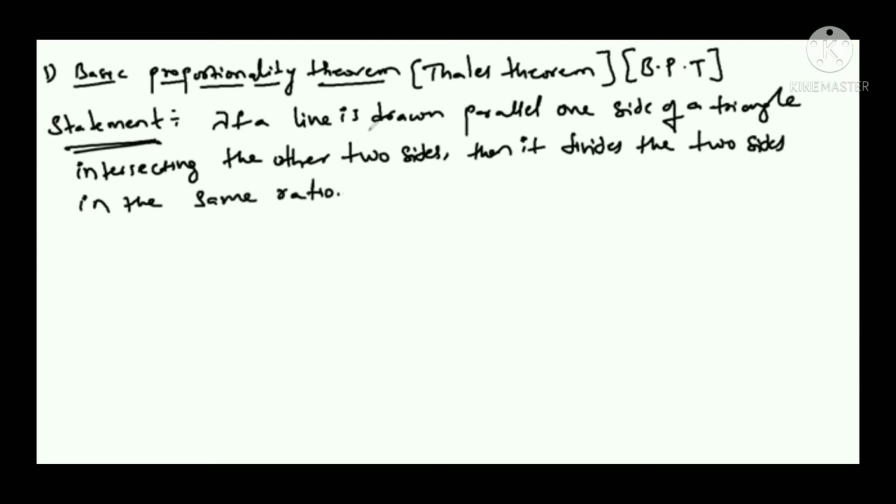Now we'll see. According to the statement, I'll draw the figure. If you're drawing one triangle like this, A, B, C. According to the statement, if a line is drawn parallel to one side of a triangle, you can draw this side, and this is parallel.